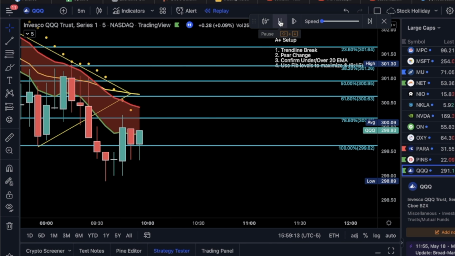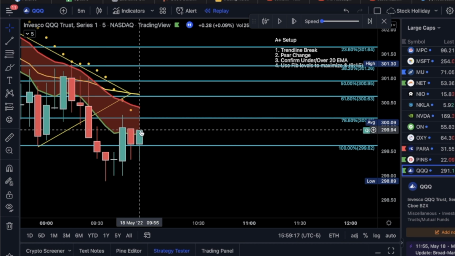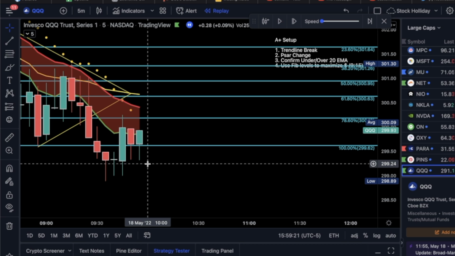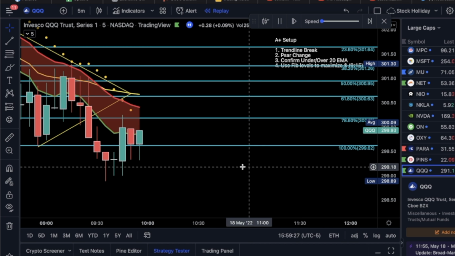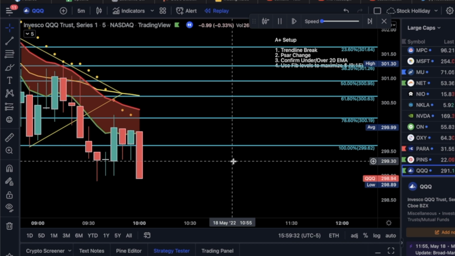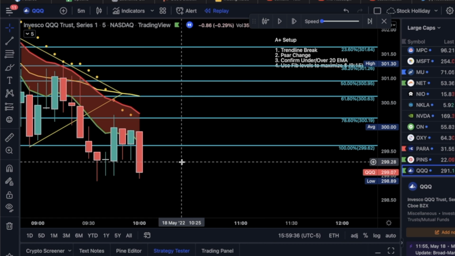So now for sure, what I'm looking at is it broke down below, it came back up, it retested, and you can see these wicks right here. So I'm going for a full position here at 299.24. That would be confirmation underneath these wicks. And let's hover this mouse right here to see where that stop buy is. Stop buy means that you would only get in if it got down to that level.